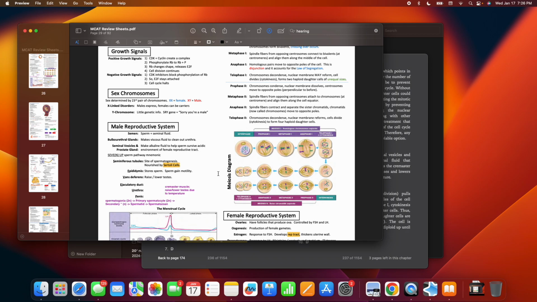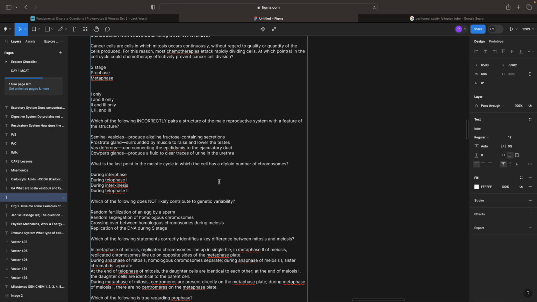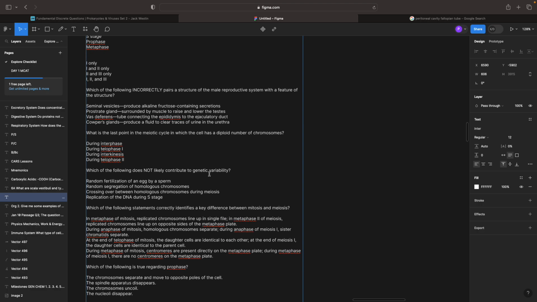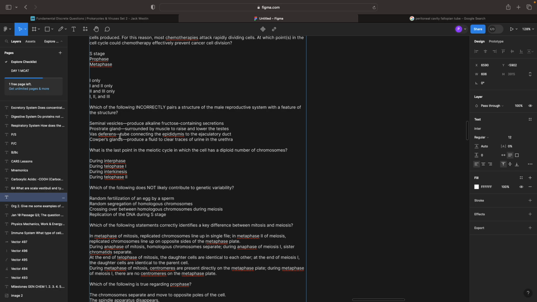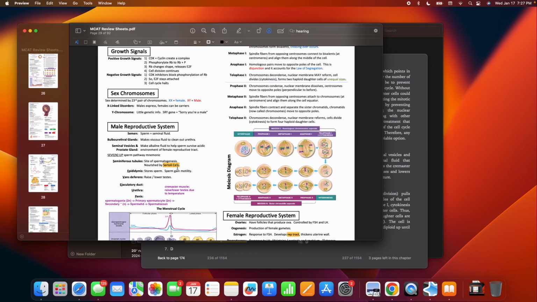Urethra is, yeah. Okay. So the vas deferens is the tube connecting the epididymis to the ejaculatory duct. We have vas deferens to raising and lowering testes.